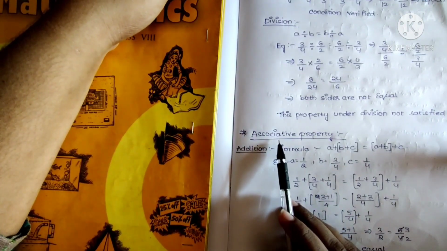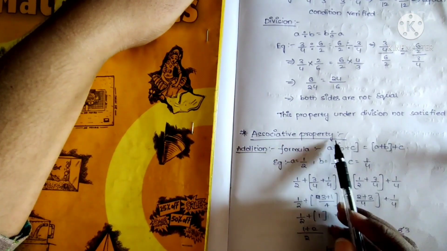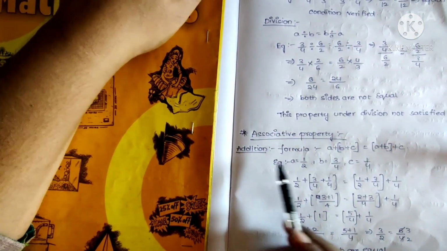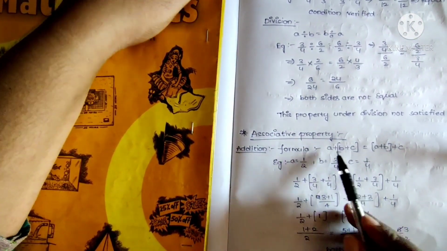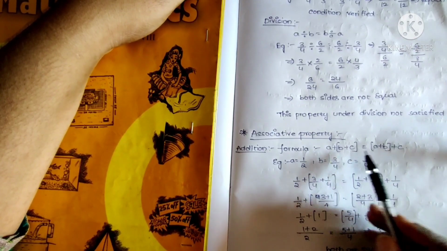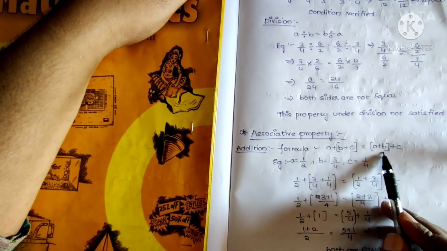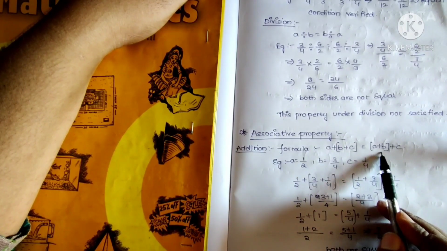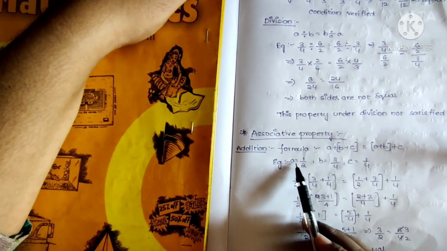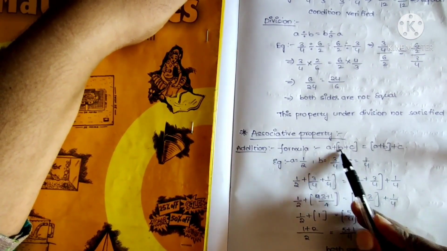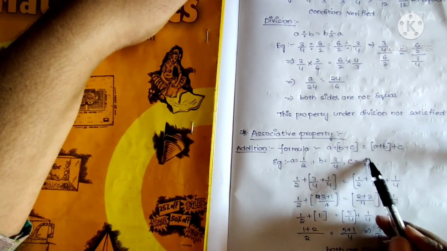Now let us see the associative property under addition, and the formula for addition is a plus b plus c equals a plus b plus c, where in LHS and RHS the bracket should be changed. For example, let us take a equals 1 by 2, b equals 3 by 4 and c equals 1 by 4.